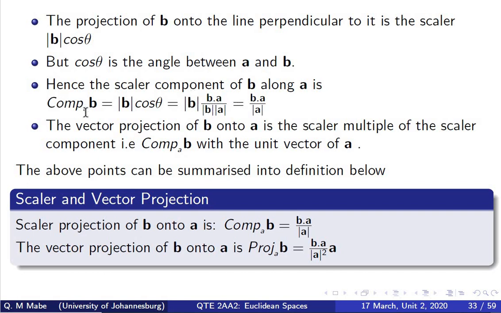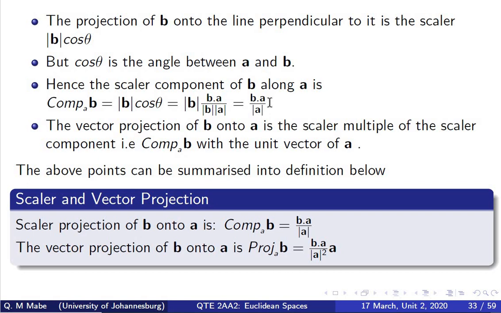So the component of the vector A along B is B dot A over the distance A. The vector projection of B onto A is the scalar component of A along B with the unit vector of A. So what I'm going to do is, remember how we define the unit vector?